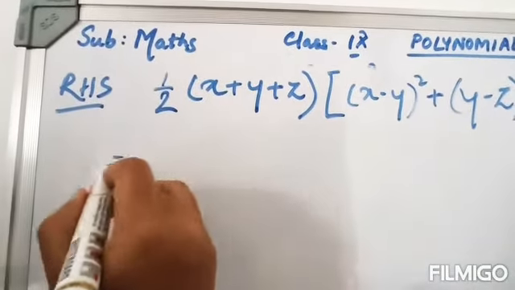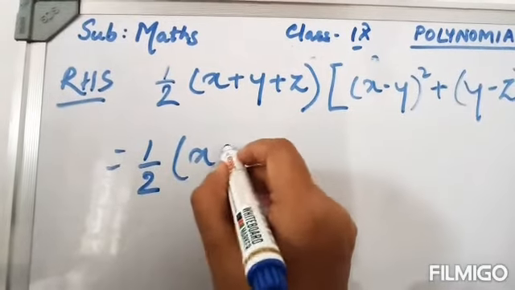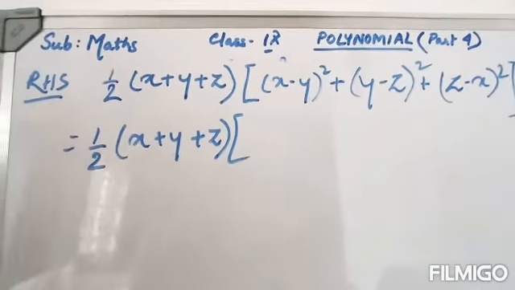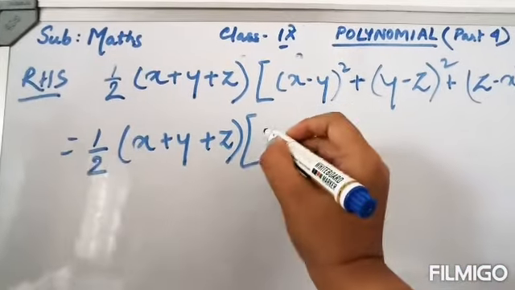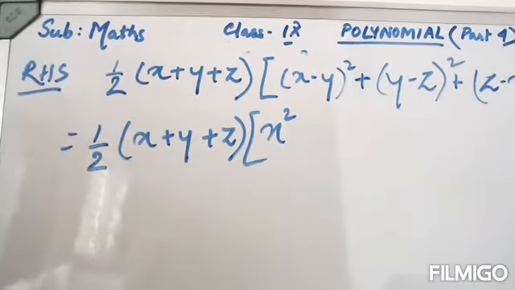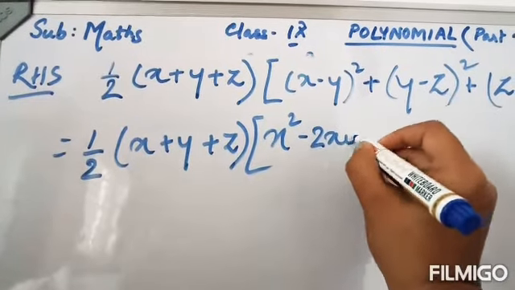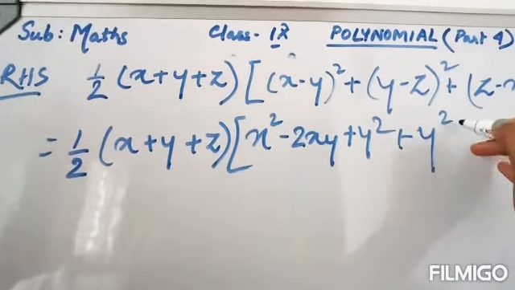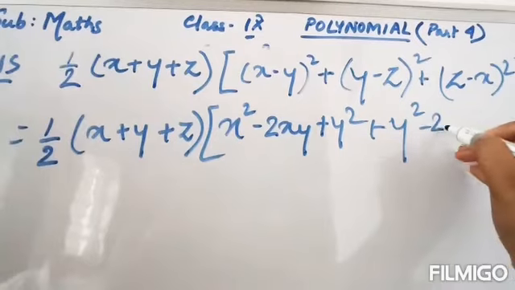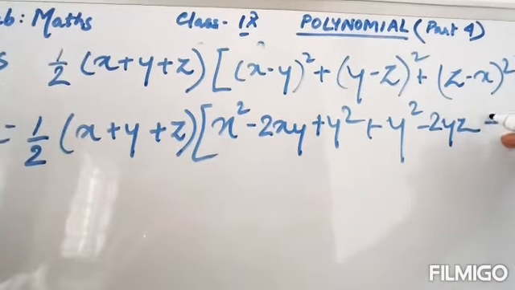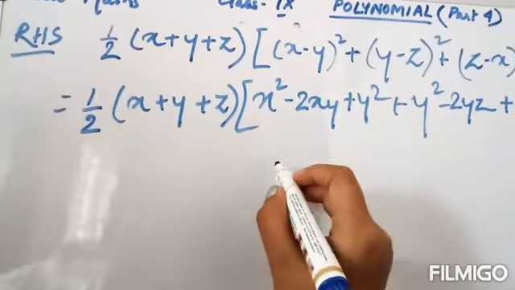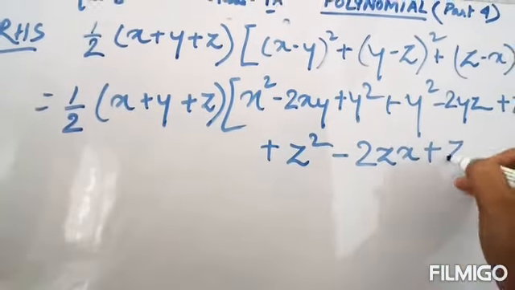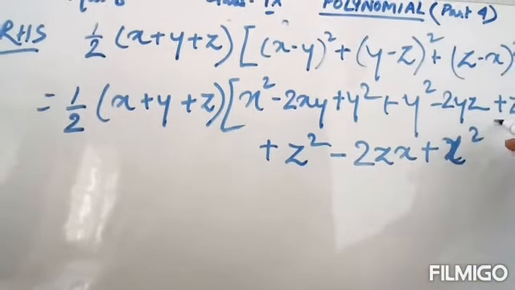Now this we are keeping as it is, x plus y plus z, and we'll be breaking this one. (a minus b) whole square, you know the formula. According to the identity that you know, it will be x square minus 2xy plus y square. Similarly for this, y square minus 2yz plus z square, and for this, z square minus 2zx plus x square, correct.